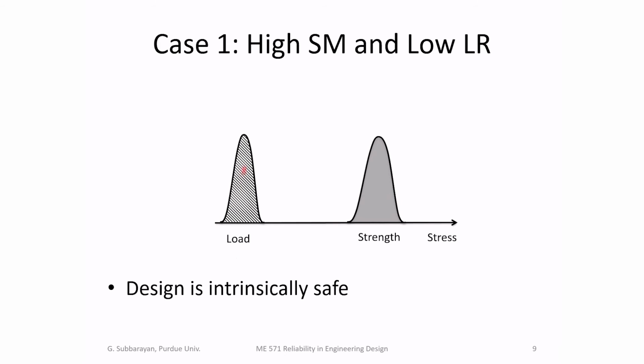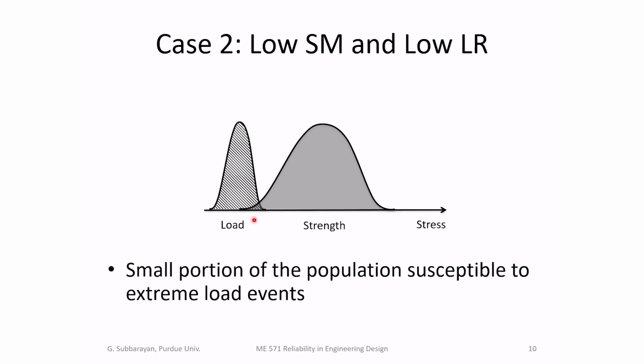Okay, that's what the load roughness means. So if I have low load roughness and high safety margin, the design is intrinsically safe. In case 2, you have low safety margin. The separation between strength and load is small, and you also have low load roughness.